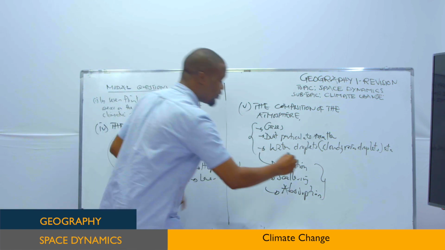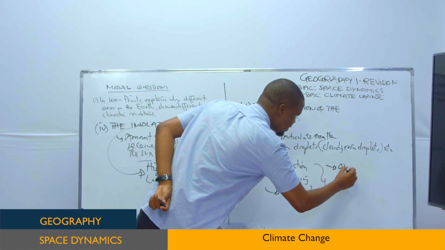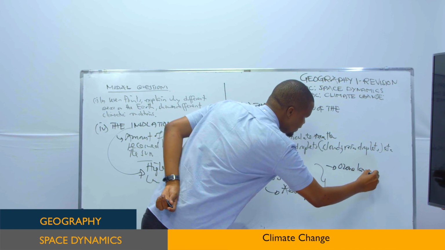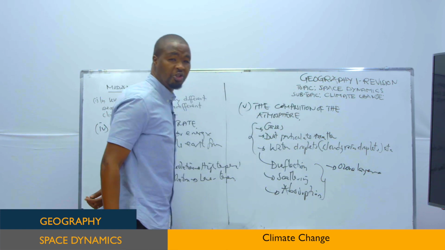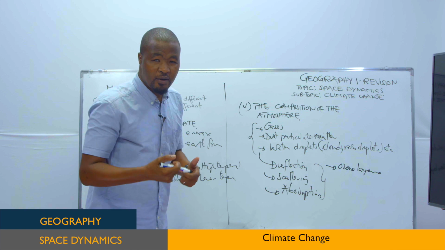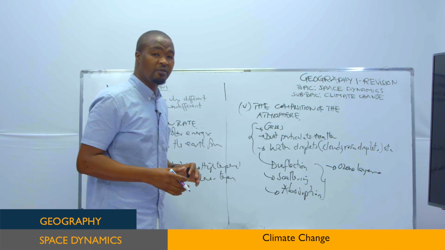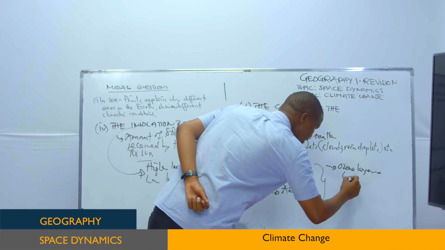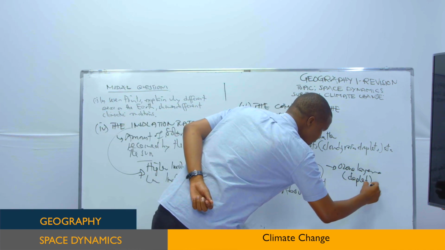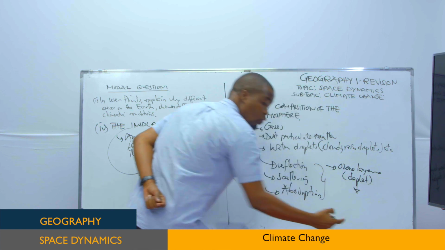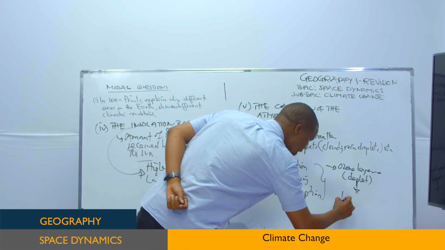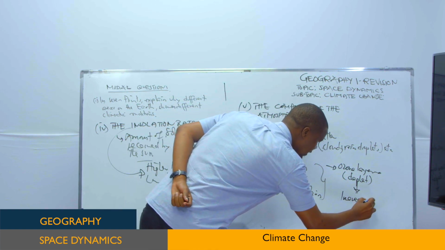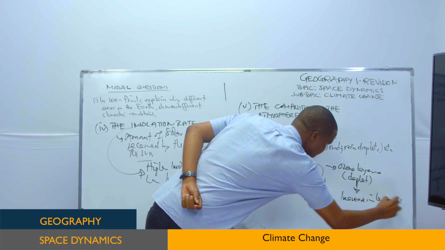For instance, the presence of the ozone layer. The ozone layer acts as a blanket or shield for reducing the ultraviolet rays which travel from the sun to reach the Earth. Remember, as the ozone layer depletes, it means we assume an increase in the temperature of an area.